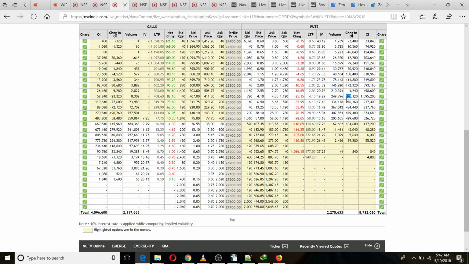They take positions of lakhs in size. Let's say they short 1000 lots of this put, so the size would be 40,000, that is 1000 into 40, and even if you get 2 or 3 points, that would be a good amount to catch. So this is what happens.